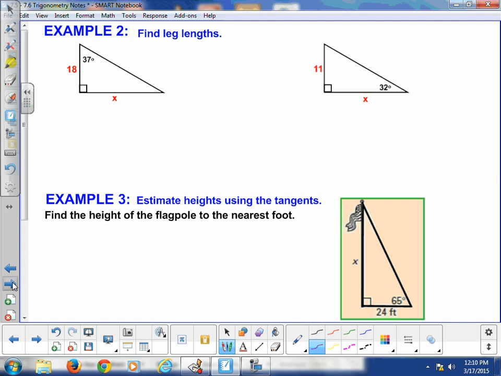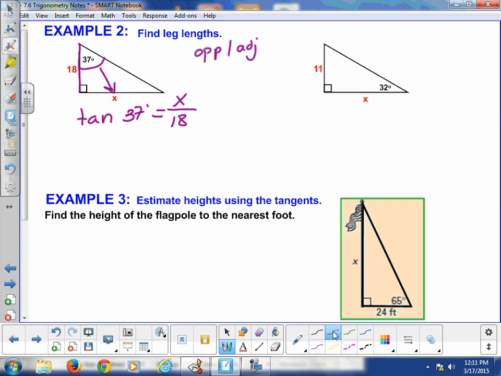Example 2, find leg lengths. I have this angle known to me, and I am looking for the opposite, and I know the adjacent. Well, anytime I have information on opposite and adjacent, I know that I'm interested in tangent, because tangent, in this case 37 degrees, is equal to opposite over adjacent.